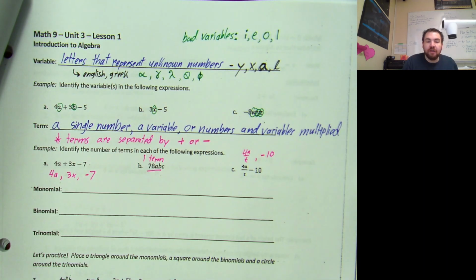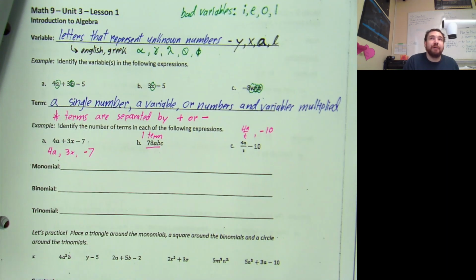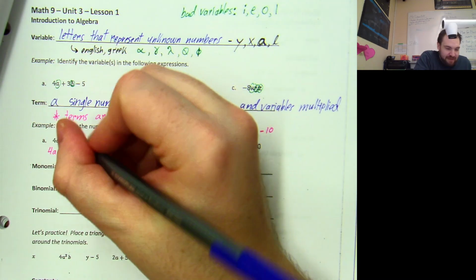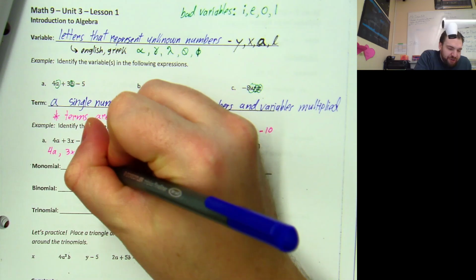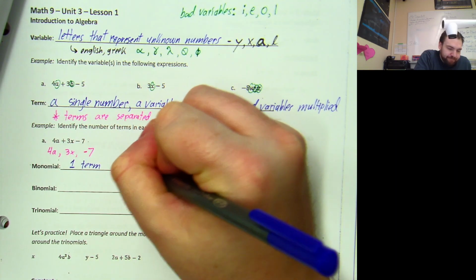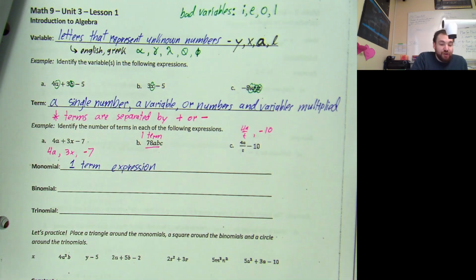There are kinds of expressions depending on how many terms they have. Monomial. Does anyone take a guess at what a monomial is? One. Mono is one, like a monocle. A monomial is a one-term expression. So we've got a monomial.